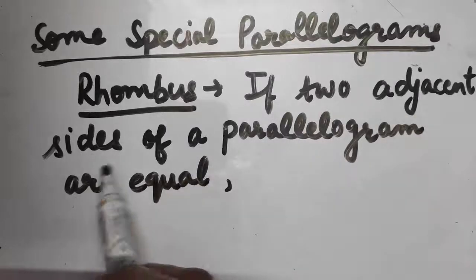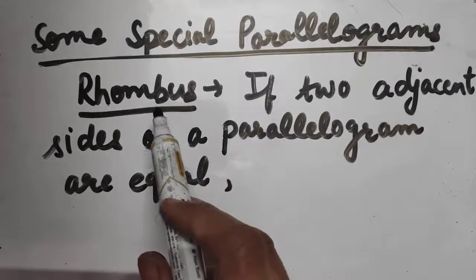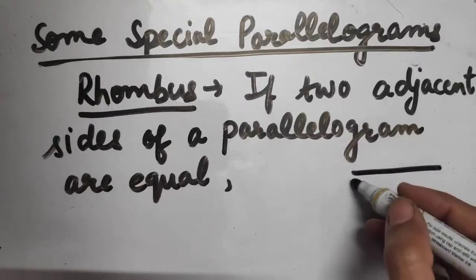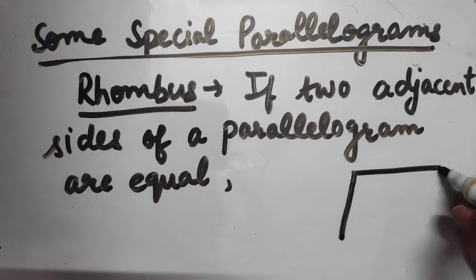So if two adjacent sides of a parallelogram are equal, then it is called a rhombus. So we can make like this. This is a rhombus I am making.